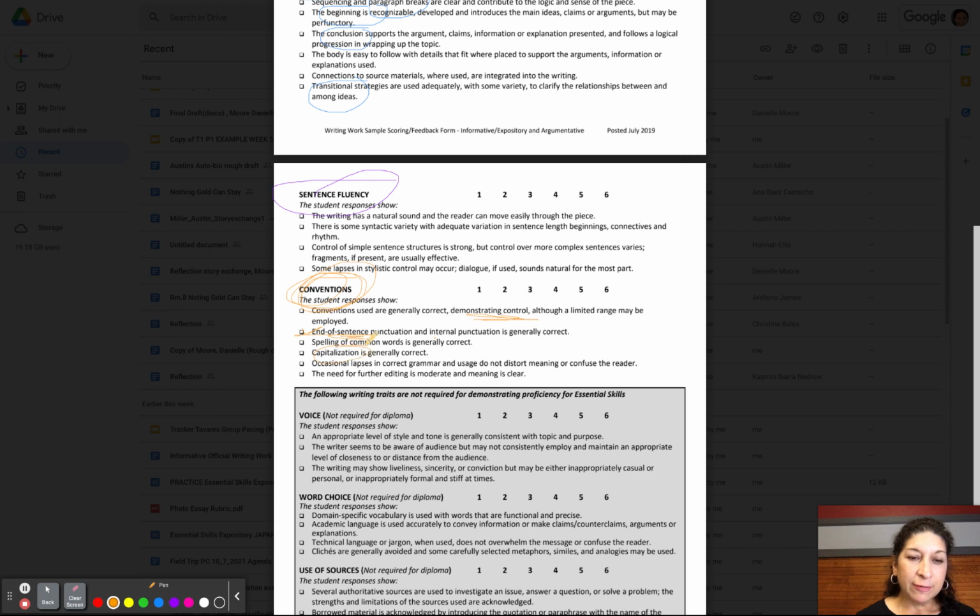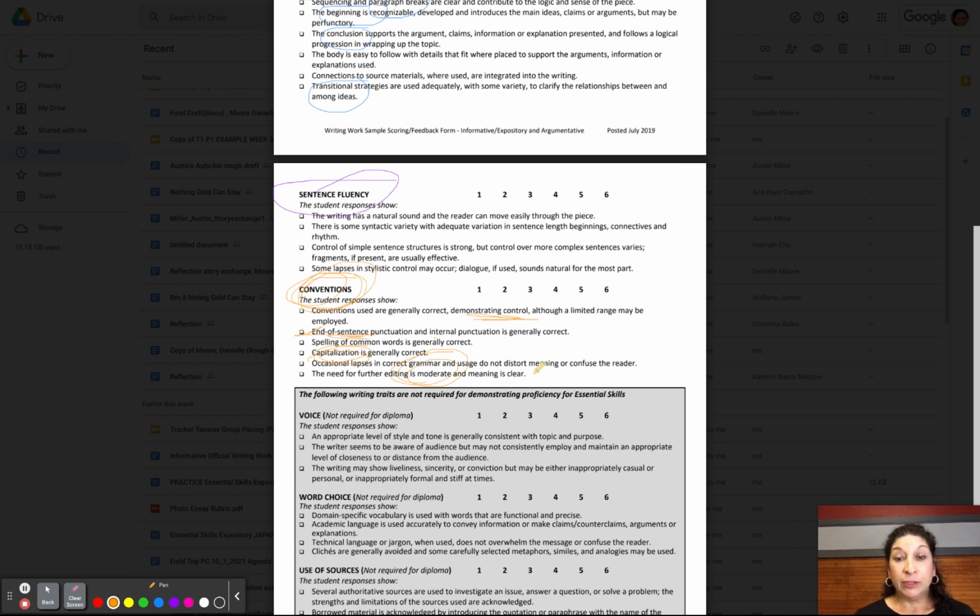Capitalize your proper names, right? Names of places, names of schools, names of people, and also grammar. If you're writing in the past tense, then everything should be in the past tense. If you're writing in the present tense, your sentences should be in the present tense. Be consistent. That takes you reading it out loud to yourself, and it takes somebody, a peer, a friend, a writing partner, to read it, and then they can give you feedback.